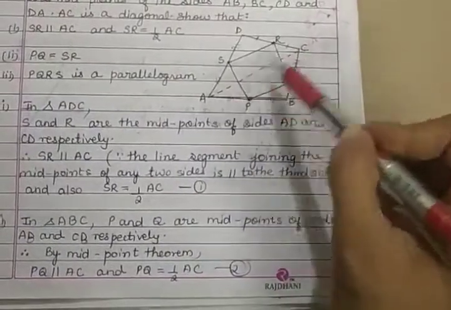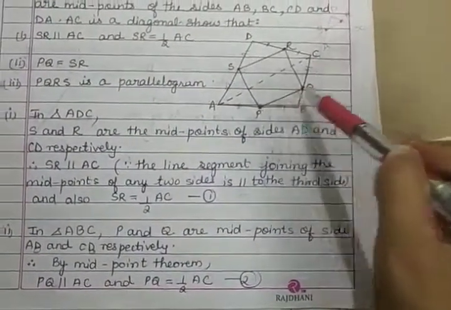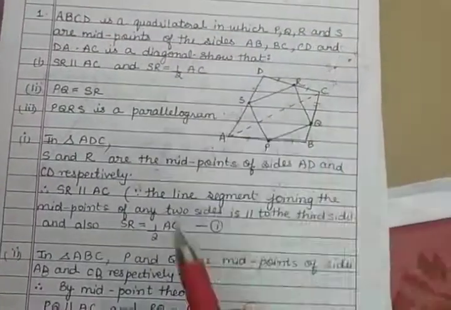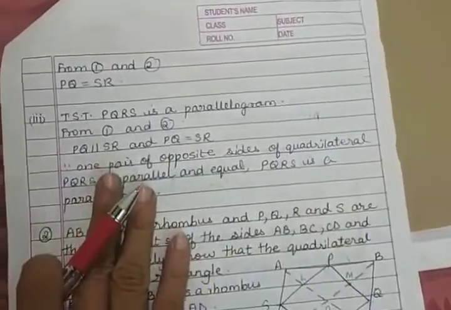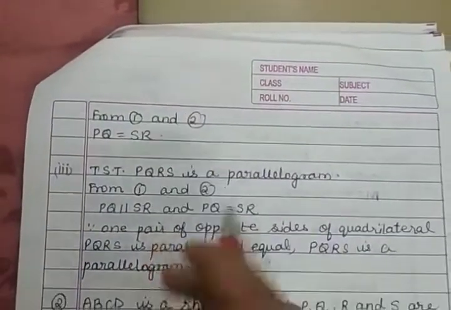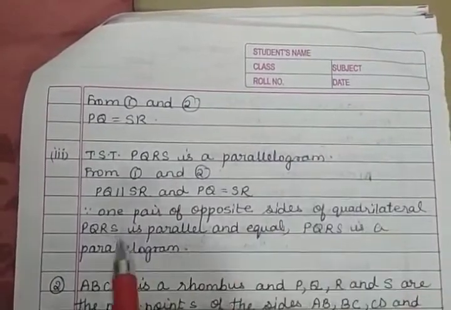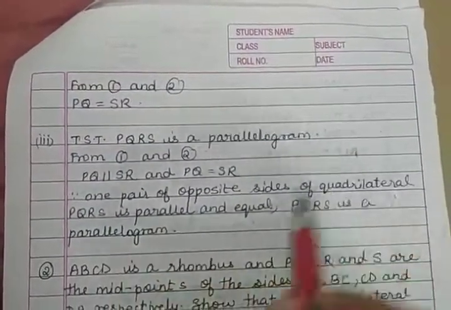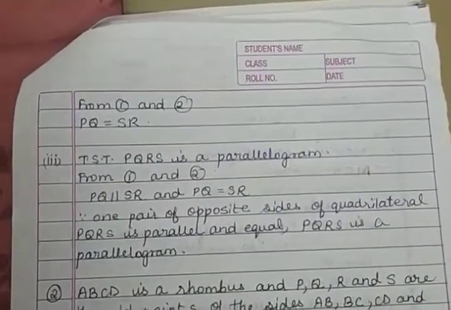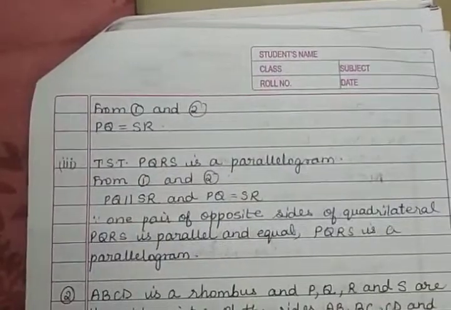SR is parallel to AC and PQ is also parallel to AC, so SR will be parallel to PQ. And we also got that PQ is equal to SR. Then we have already learned one theorem which says that if one pair of opposite sides of a quadrilateral is parallel and equal, then the quadrilateral is a parallelogram. So using this theorem we have shown that PQRS is a parallelogram.